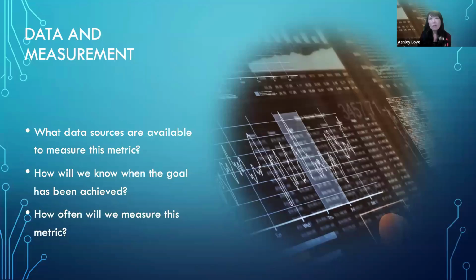So the questions that you need to ask yourself is, what existing data are available for the measure that you decide to pick for your organization? And how will we know when the goal has been achieved?